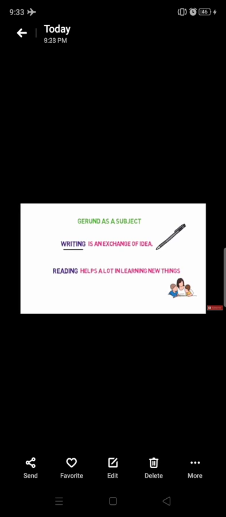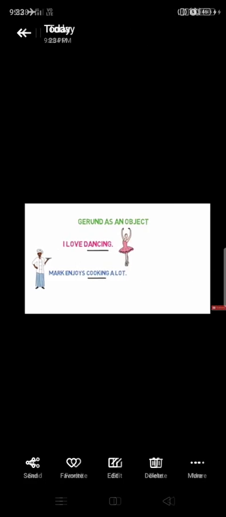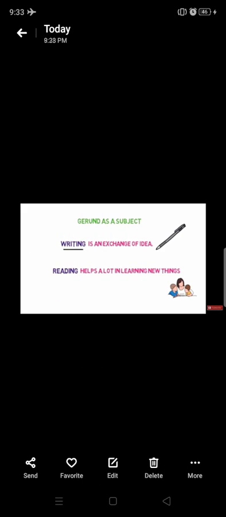Now the first function of a gerund as a subject. Now I told you that here the work of a noun in a sentence is to act like a subject and object, right? Now let us look at this example, how we use gerund as a subject. Writing is an exchange of idea.